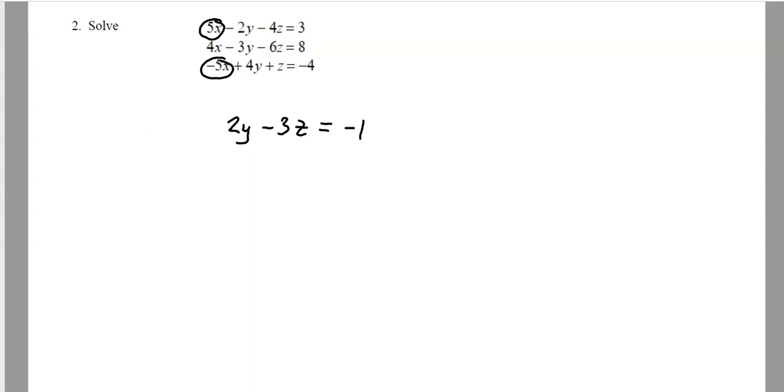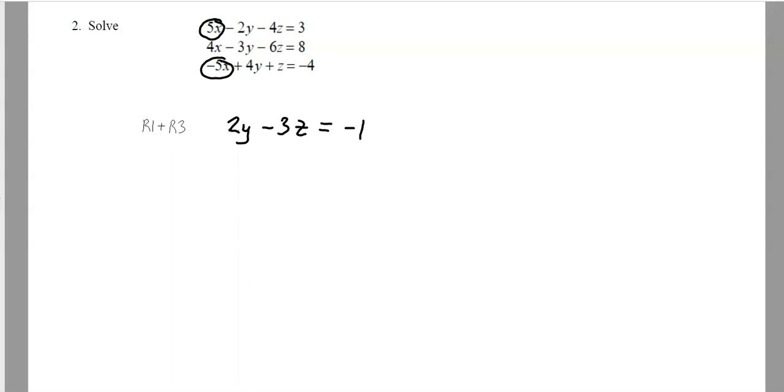And some people even like to write that out. They might write the R in there and actually show row 1 plus row 3.